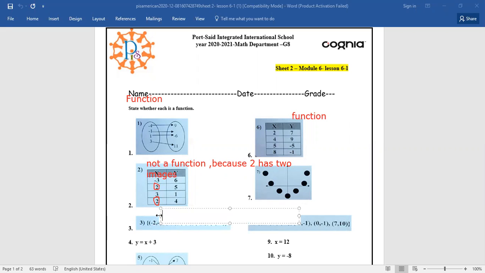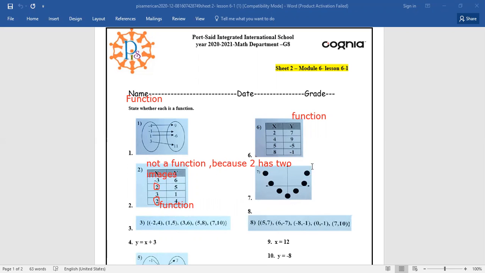For this reason, for question number 3, it will be a function. And what is the reason? Because each input has only one output, or each one in the domain is connected only one time.